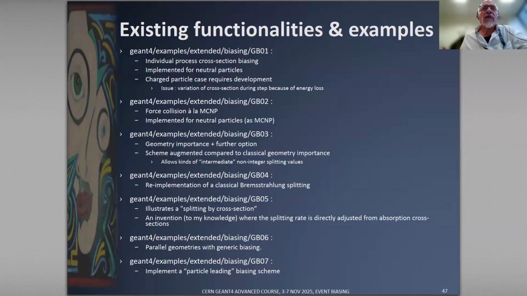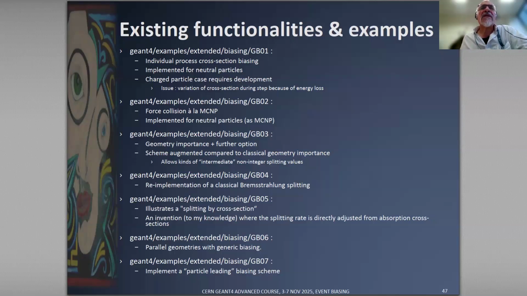And in fact, what you do is that you adapt the thickness of the slices so that you compensate the physical absorption with this artificial splitting. And you have to tune these slice thicknesses so that it doesn't happen too often, or it happens often enough, but not too often.